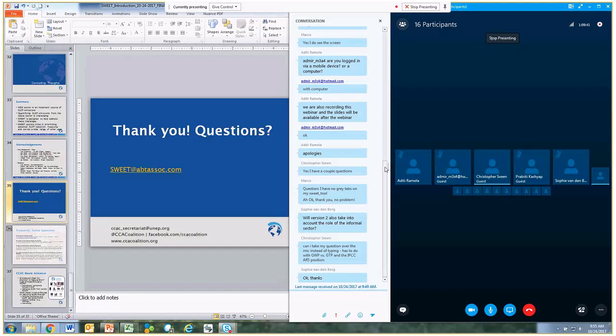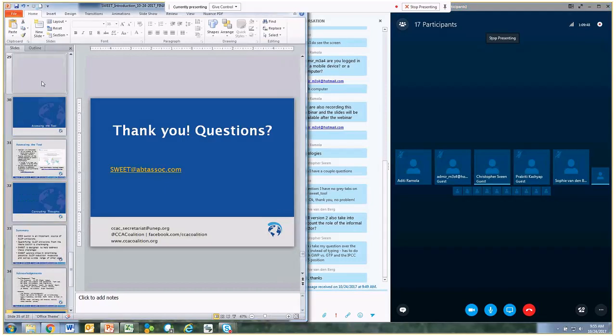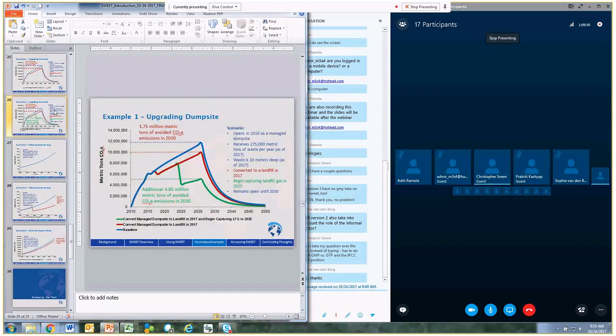Okay, fine. And in your example 1, where you're looking at the dump site that then becomes a managed dump site in 2017, where it's open in 2010, is that the typical timeline for landfills to start, let's say, capping and then gas sequestration? Yeah, in this case, we're saying that if they begin applying cover, so converting to a landfill in 2017, there's an additional 8-year gap before they begin capturing gas.